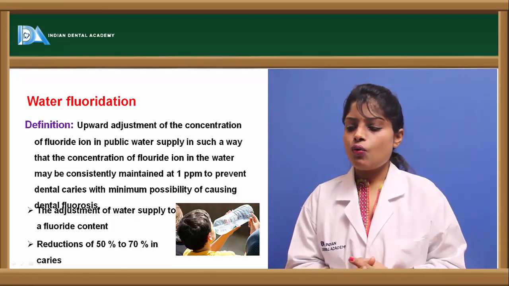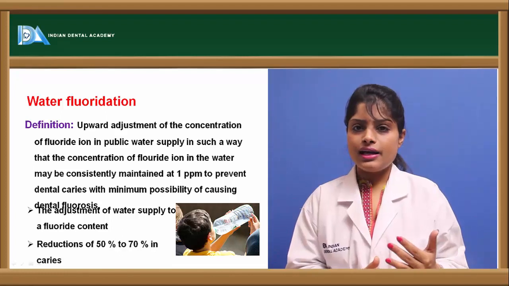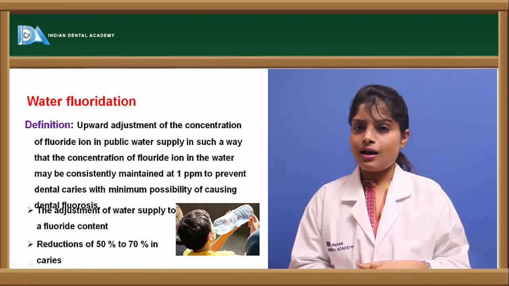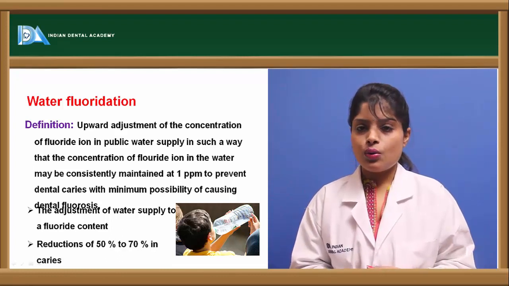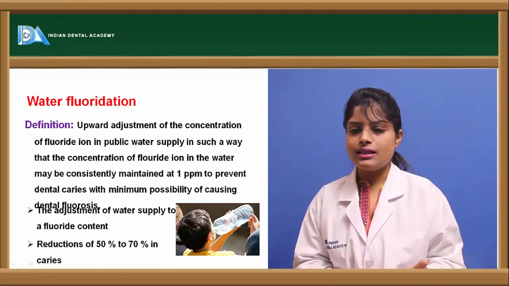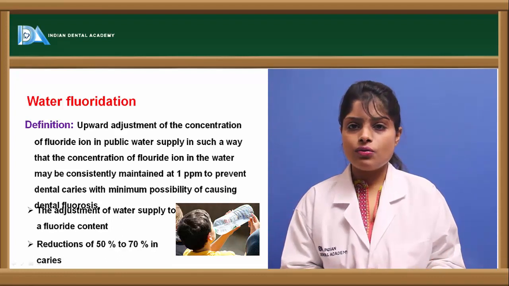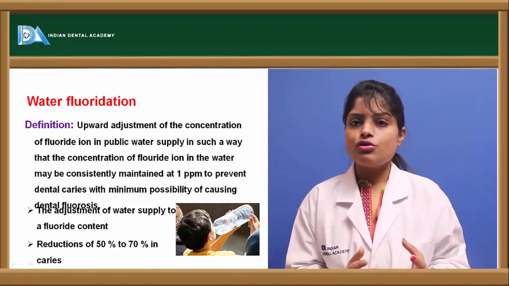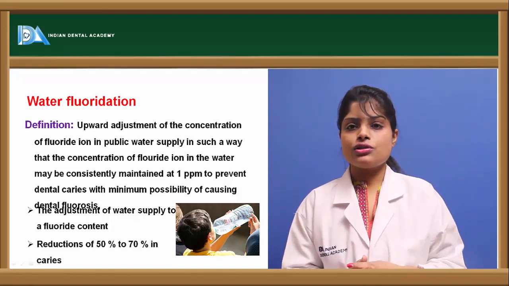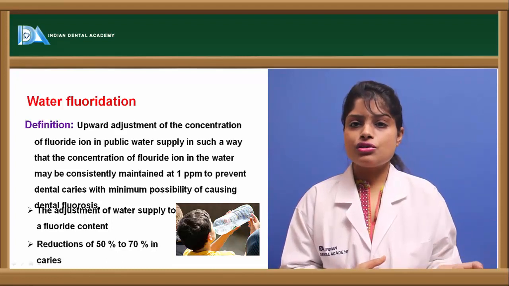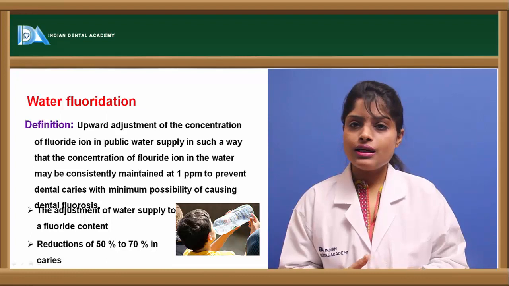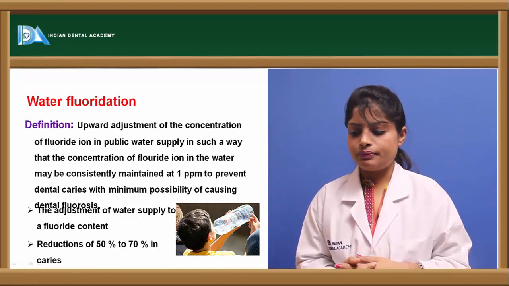The history of water fluoridation can be dated back to 1931 to 1942, when Trendley H. Dean and Mackay discovered that in Colorado Springs the fluoride concentration was high, and they found that the element responsible for the mottling of enamel was fluoride.